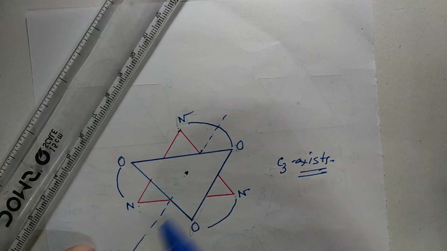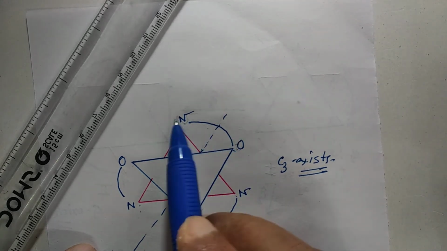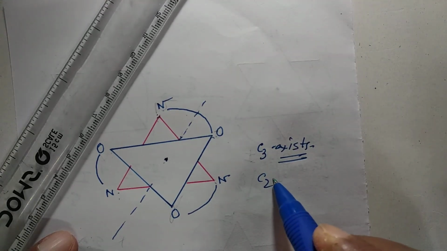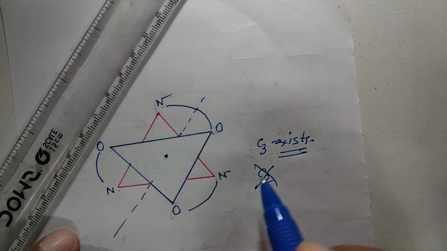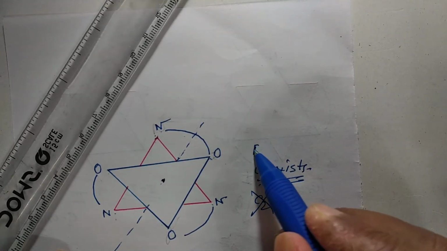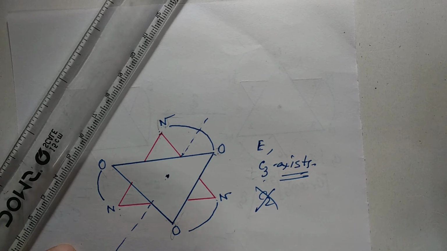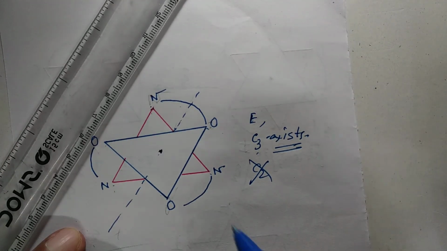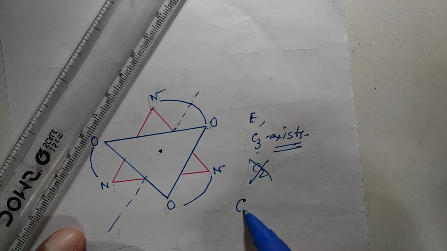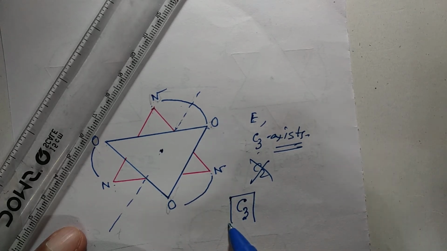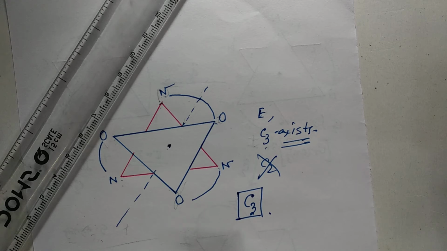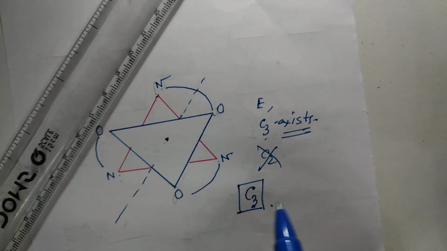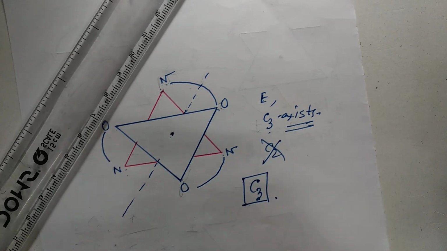C2, if we imagine a C2, then the two sides are not the same. So C2 axis does not exist. Only C3 exists, and of course the identity exists, and no symmetry plane, either horizontal or dihedral. And therefore in this case the point group is C3. Tris glycinato cobalt 3 molecule has a point group C3.